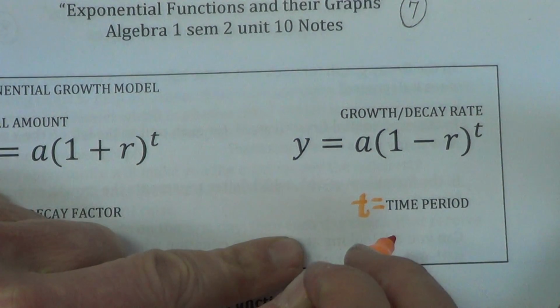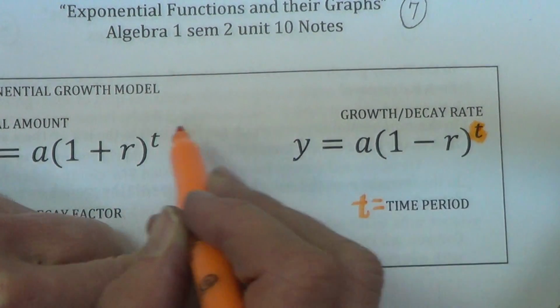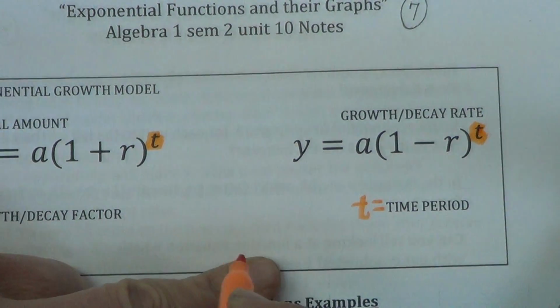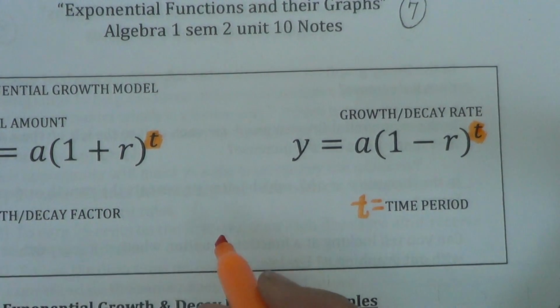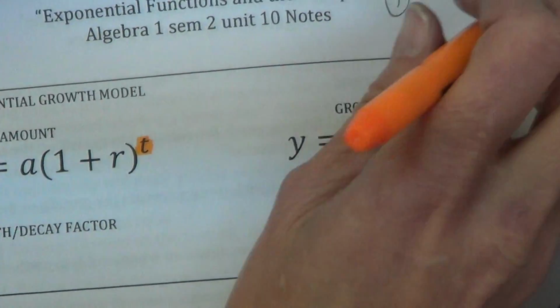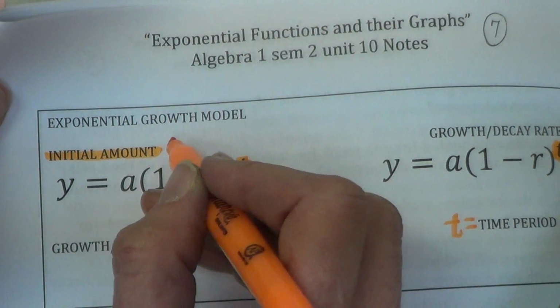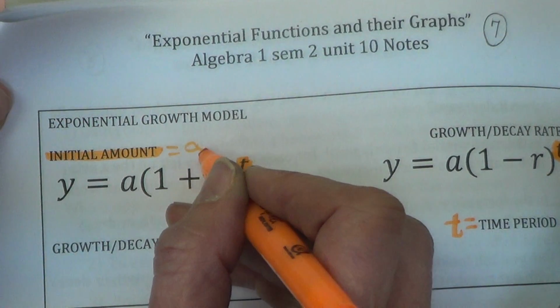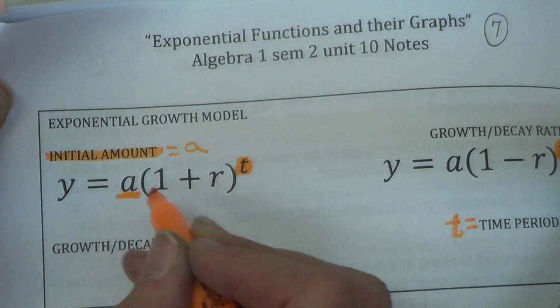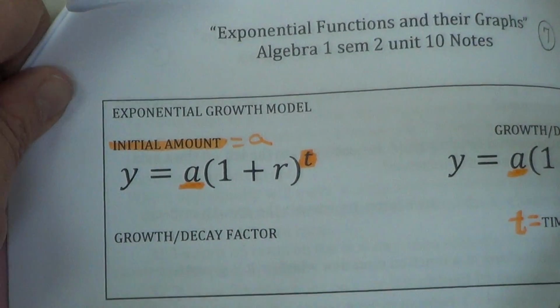So if I tell you it's over so many years or whatever, this T is our time, okay? Your initial amount is equal to A. That A is our initial amount, okay?